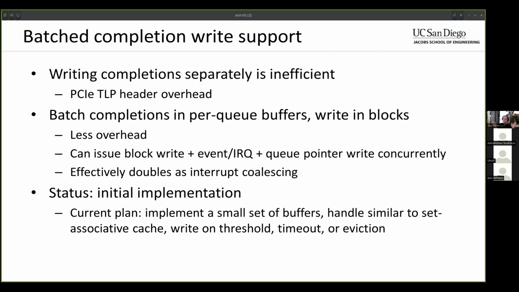And then either once we've filled up the buffer, or we have a certain number of these in the buffer, or a certain amount of time has elapsed, we can trigger not only a write back of the actual completions, but also the generation of the event or interrupt and the queue pointer write back. So that'll reduce the number of queue pointers that are written back, and reduce the number of events and IRQs that are being generated. That's kind of the idea.